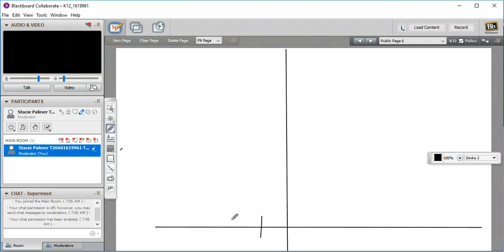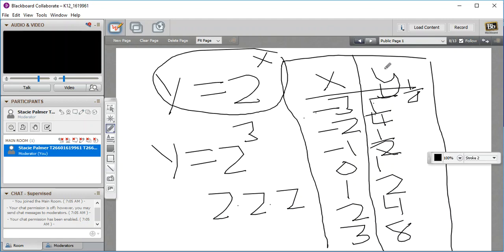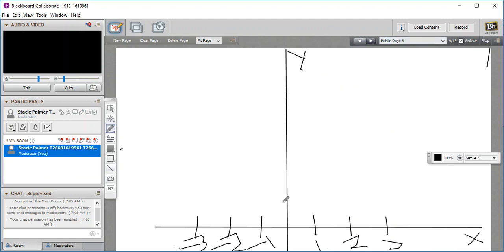So here's -1, -2, -3. Here's +1, +2, +3. Here's our y-axis, here's our x-axis. And on our y-axis, it looks like we need to go up to 8. So 1, 2, 3, 4, 5, 6, 7, 8.